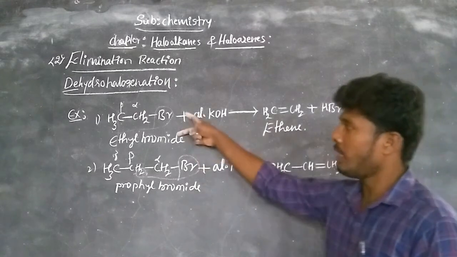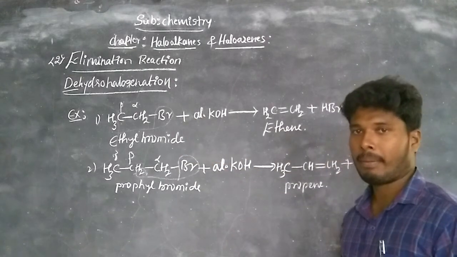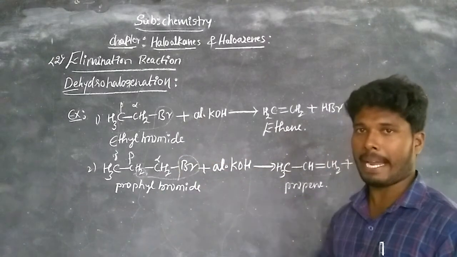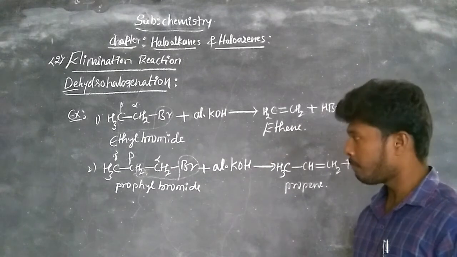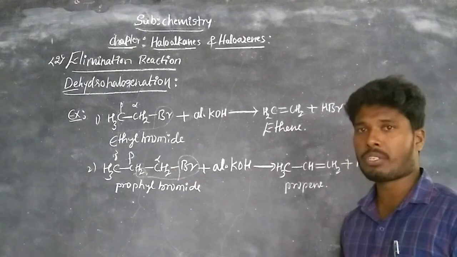Now observe, these two are primary alkyl halides, because the halogen is directly attached to a primary carbon with sp3 hybridization.